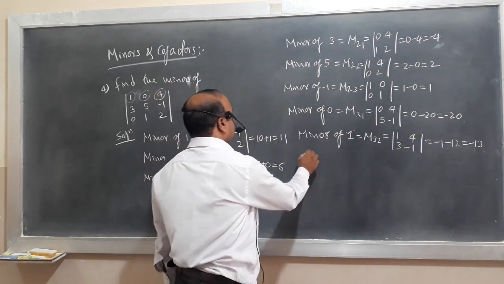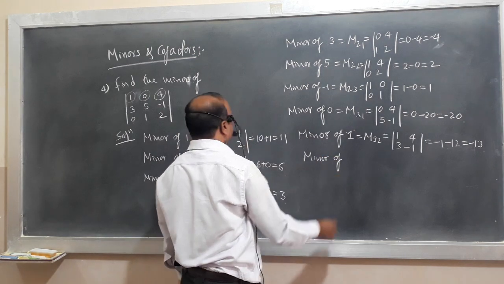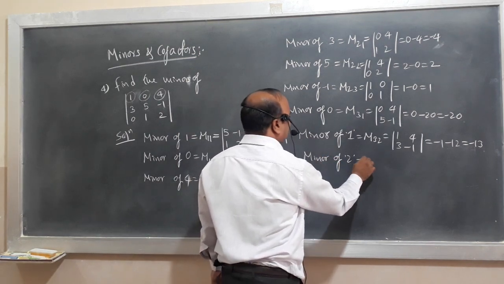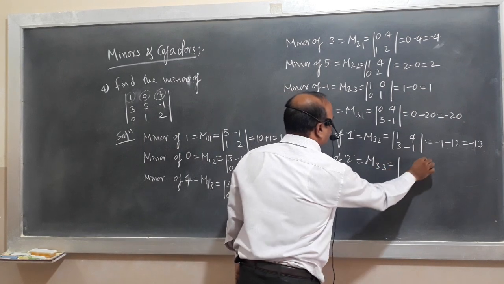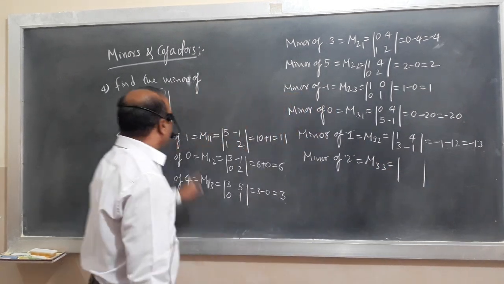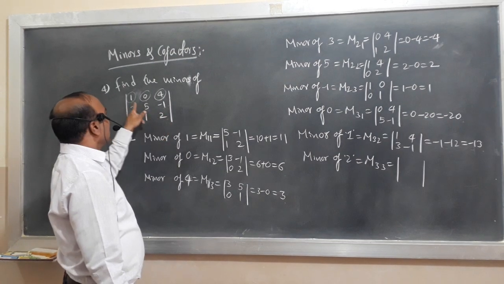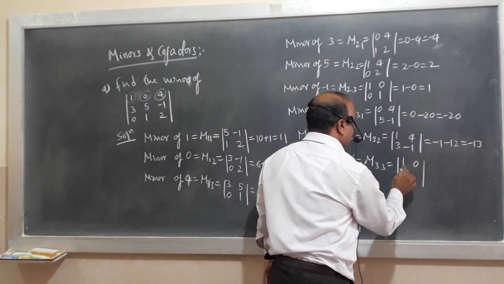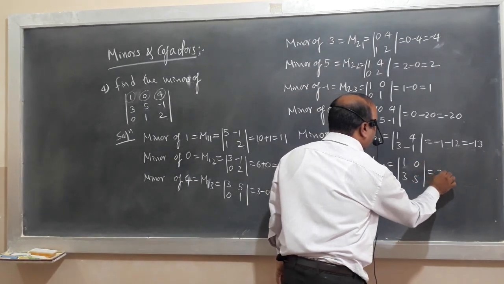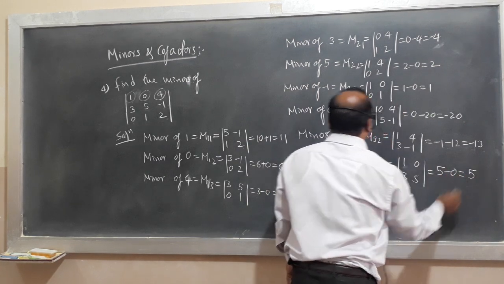Next, last element, that is the minor of 2. It is M33. It is given by deleting the third column and third row, we get 1, 0, 3, 5. So this is equal to 1 into 5, 5 minus 0, it is equal to 5.